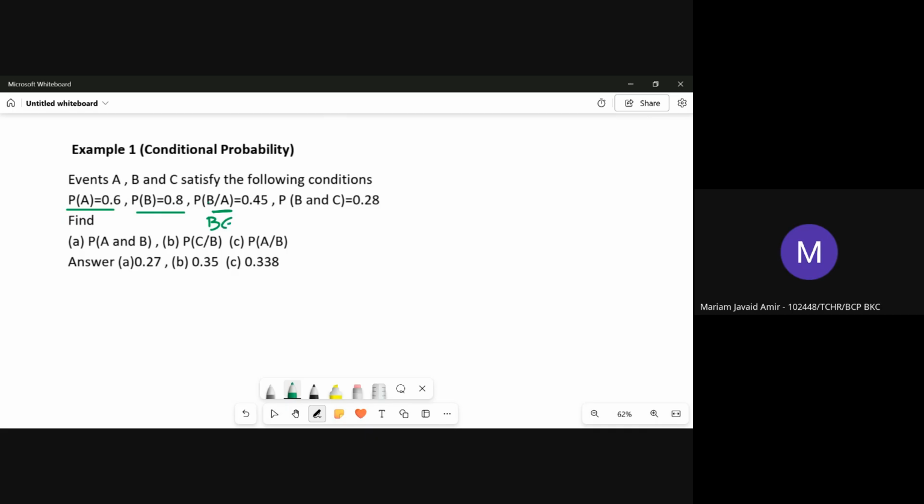B given A is the conditional probability: A has already happened, so what is the probability of B. That's also given, and probability of B and C is also given. This is also written as probability of A and C intersection. Now find probability of A and B. This means you have to find probability of A intersection B.